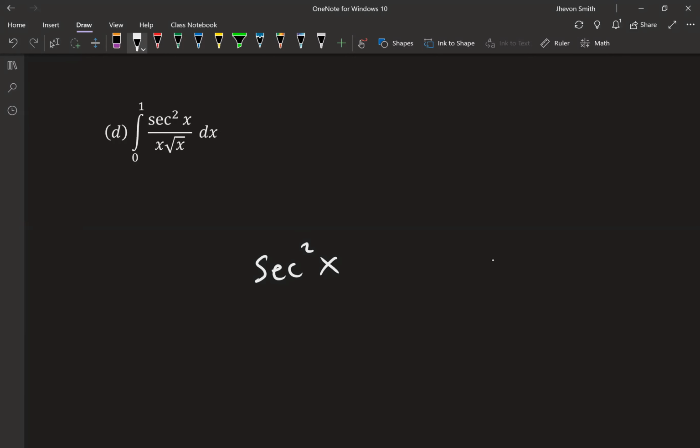What's the boundary for a secant? Anyone? Bueller? It's not between -1 and 1. Don't forget what secant is. Secant is 1 over cosine.